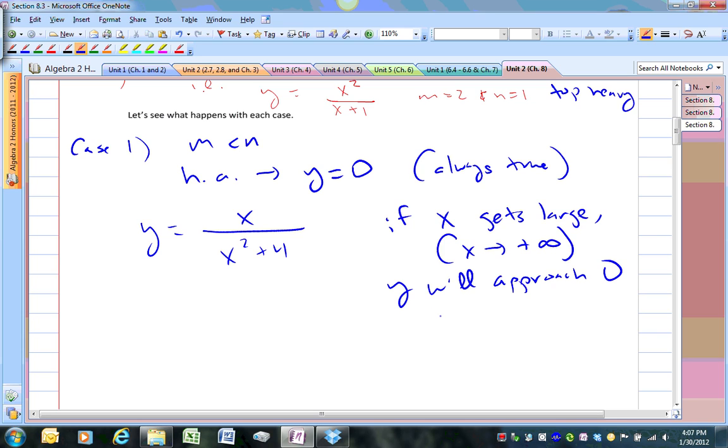So if you were to punch this in your calculator, you might want to pause the video and get a calculator out. But if you did 100 divided by 100 squared plus 4, I think you get 0.009999. If you repeat the process and plug in 1,000, so you have 1,000 divided by 1,000 squared plus 4, the calculator should say 9.99996 e negative 4.